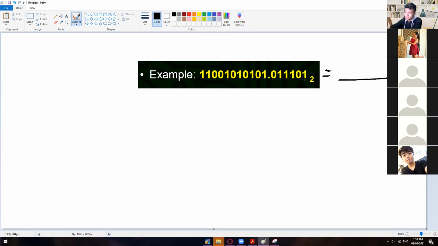So starting from the lowest bit, it's 1, 0, 1, 0, 1. Let me just separate. There you go. So we have here 1, 1, 0, dot 1, 0, 1, 0, 1, 0, 1, 0, 0, and then 1, 1, and then an invisible 0.